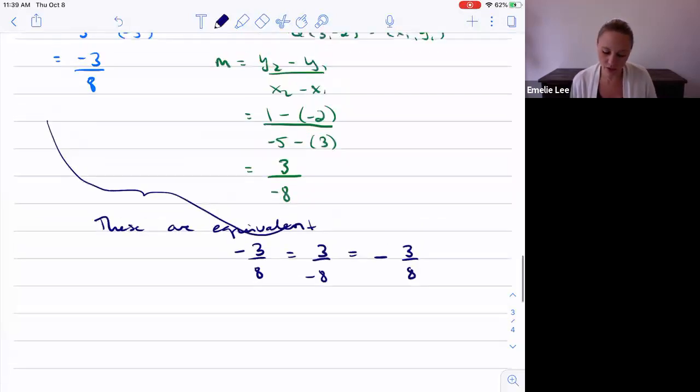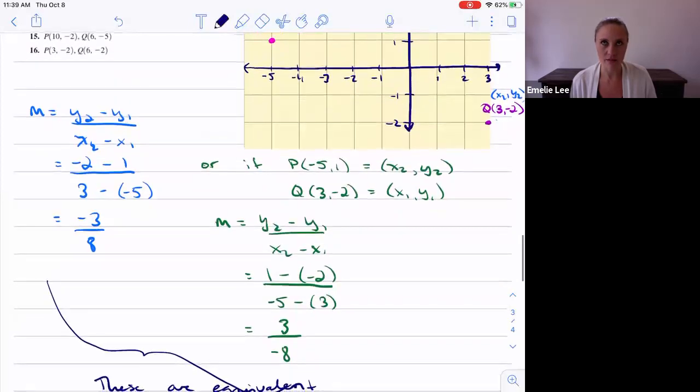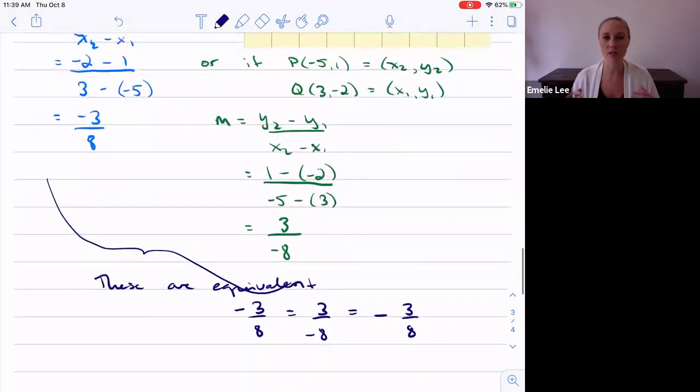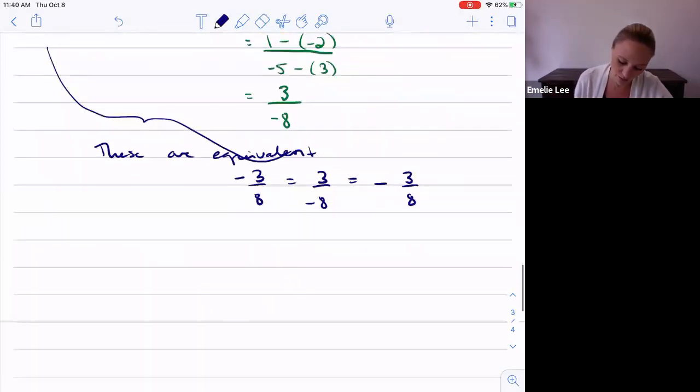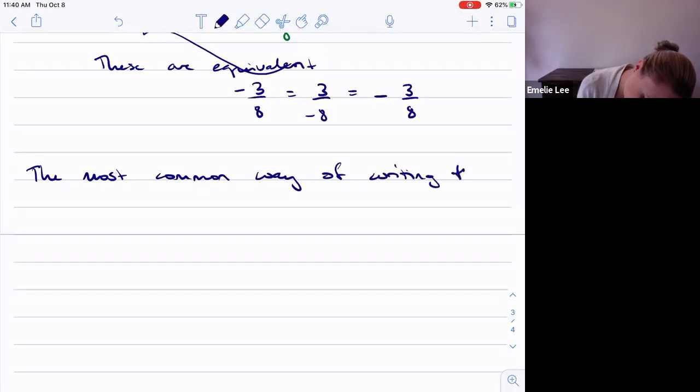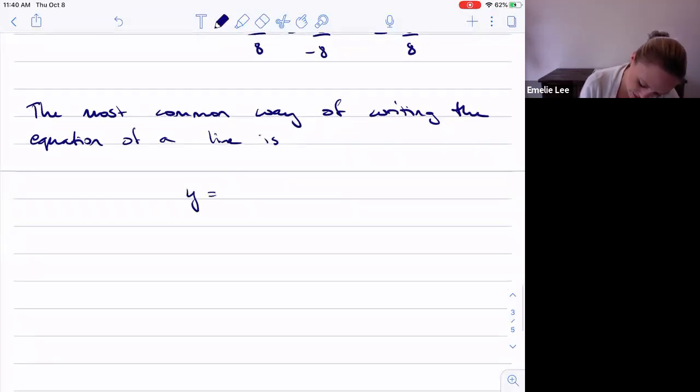So there are kind of two, well, three ways, but we'll start with two common ways that you can generate the equation of a line. The most common way of writing the equation of a line is y equals mx plus b, right?